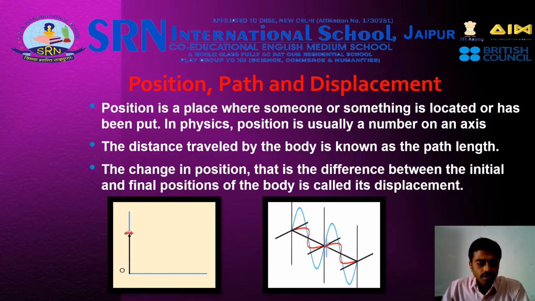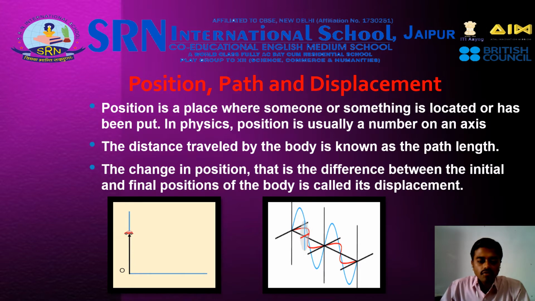With the variation in time, we can have different positions of this body. Now in the second graph, you can observe that there are different waves. These waves represent that the body is covering a particular distance in the x and y axes.